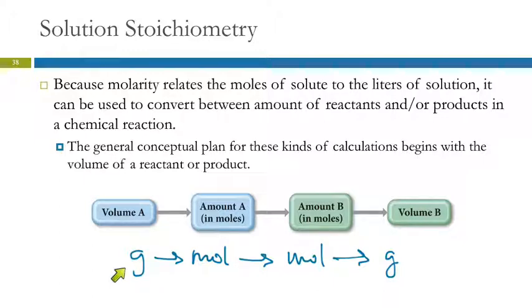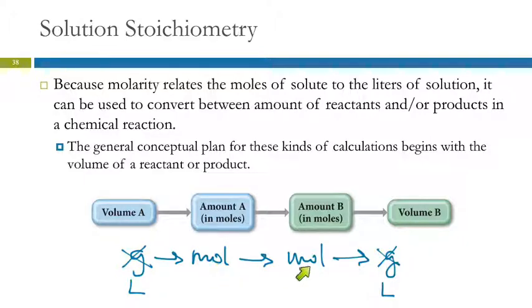What if instead of grams of A, we have a volume of A? Maybe there's 2 liters of A, and they give us the molarity. Well, we could start with a volume, such as liters, and we could go liters to moles, and then maybe they want grams as the product, or maybe they want liters as the product. So you can change the ends.